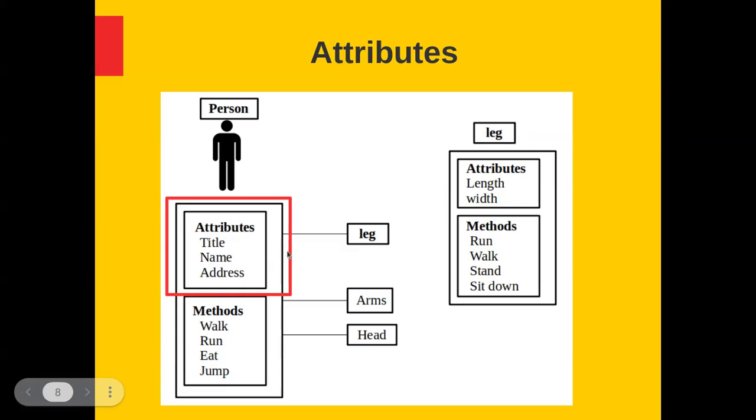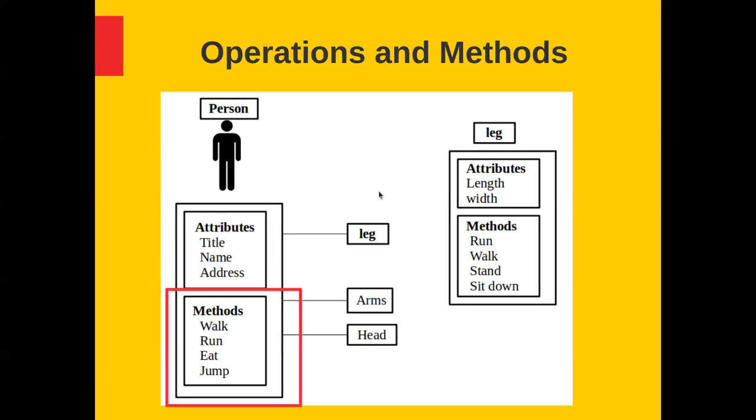And also these parts become other objects. Take attributes length, width, methods run, walk, stand, sit down, like that. Arms also are separate objects. Arm and head are also objects. Operations and methods are the same thing, methods. These are methods.